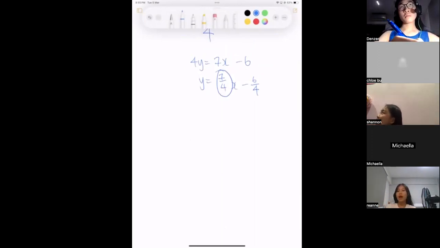What else did we learn? What is the formula for finding gradient? What are the 3 ways of finding gradient?